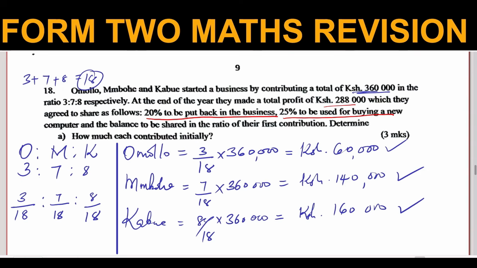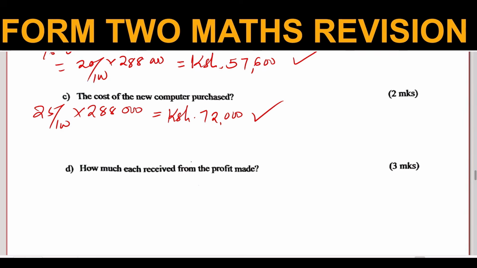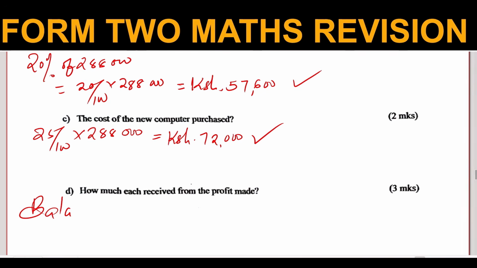Then the other part D, how much each received from the profit made. After using the 20% back into the business, then 25% to be used for buying a new computer, the balance was shared. So you need to get this balance. The balance will be obtained by taking the total profit, then subtracting the 57,600 put back to business from the previous part, and then the cost of this computer, 72,000.